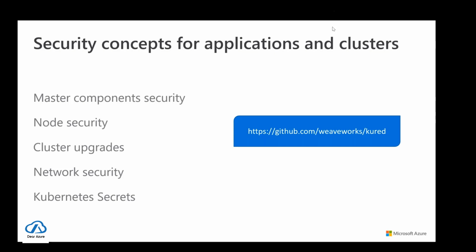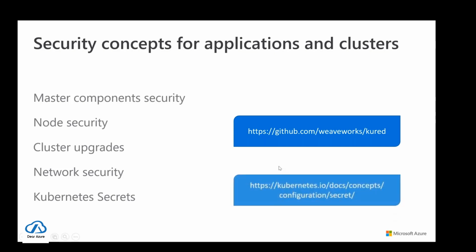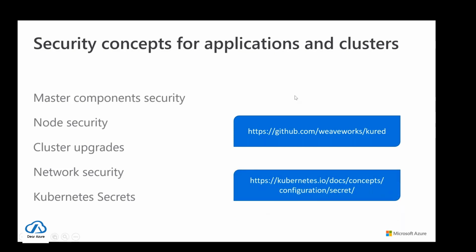And another URL that I want to share with you comes on screen now, and is around the secret. As you can see, the link is to kubernetes.io, so to the docs of Kubernetes, which confirms one more time that secrets are a native capability of Kubernetes. This is not something that is in Azure. This is not something that Microsoft has introduced. So if you're using Secret, you're using a native capability of Kubernetes, which gives you that flexibility of being vendor independent.